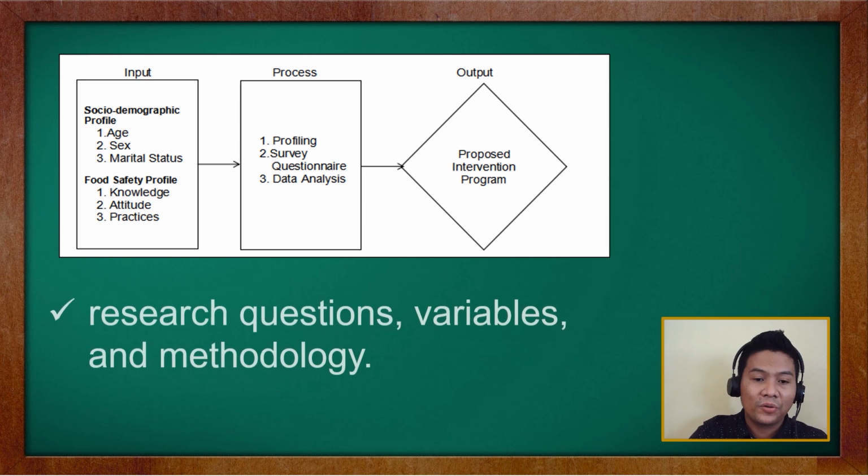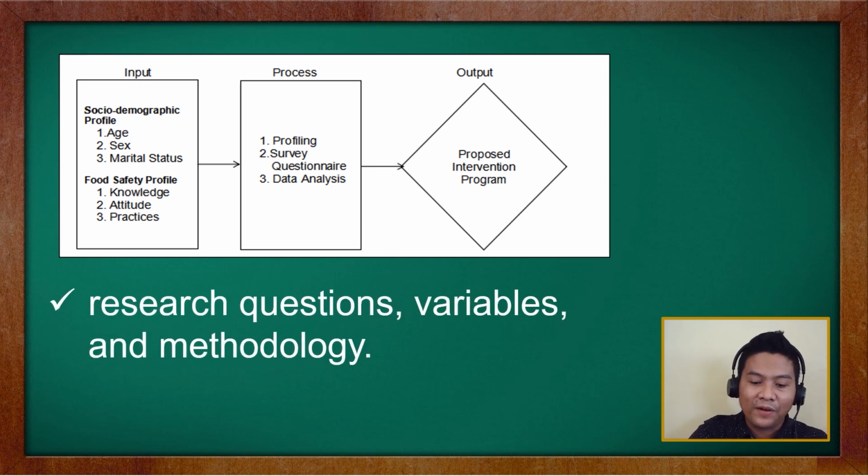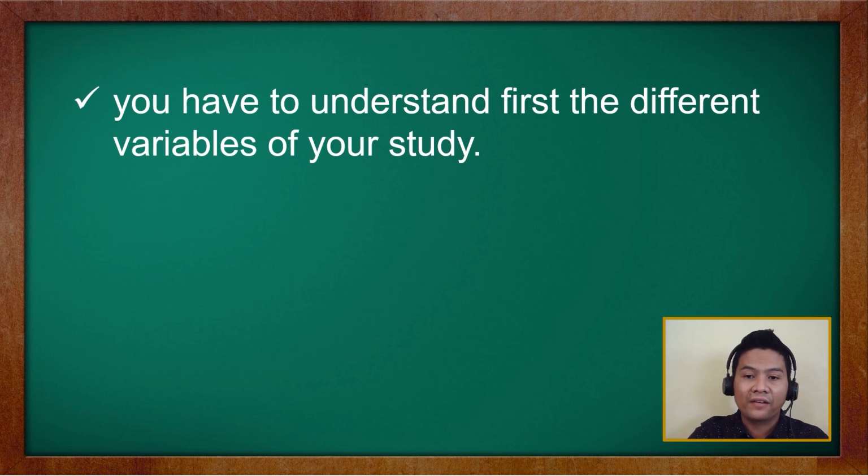And that includes your research questions, variables, and methodology. It means that you are just gathering and soliciting ideas on what you could learn about your research or your chosen topic. Before creating your conceptual framework, you have to understand first the different variables of your study.